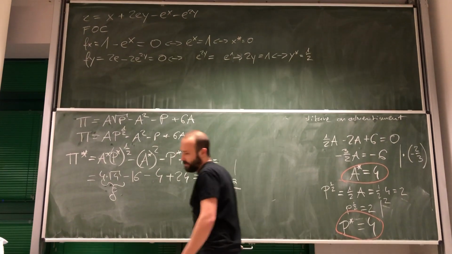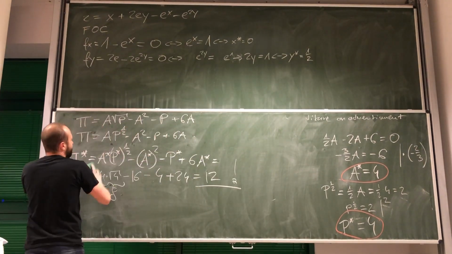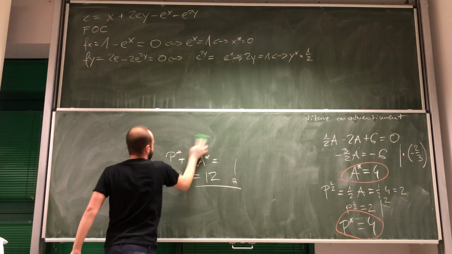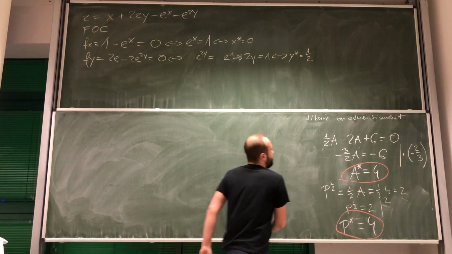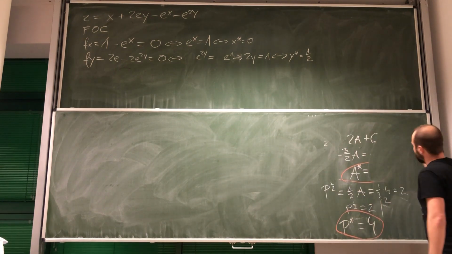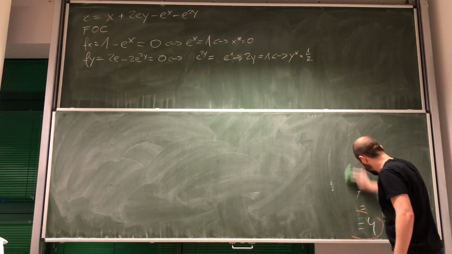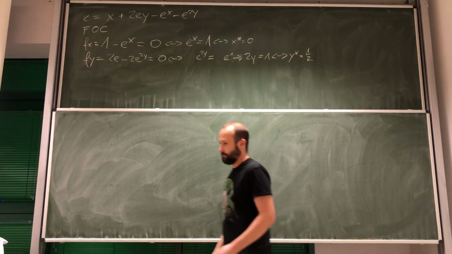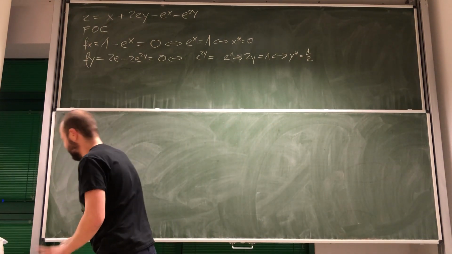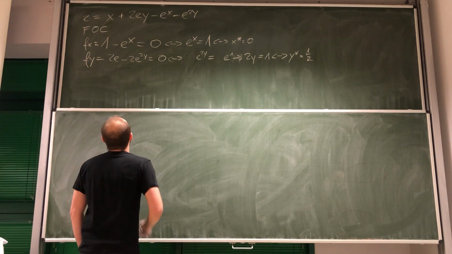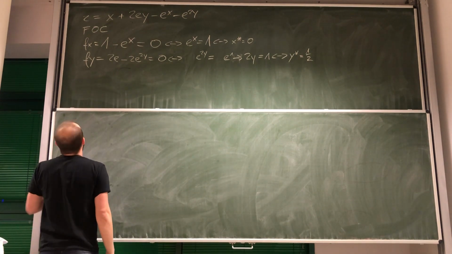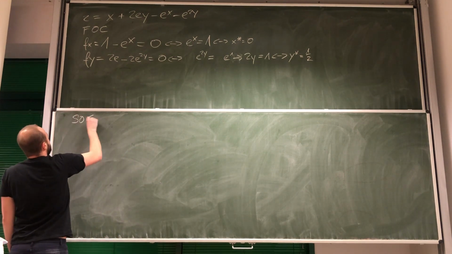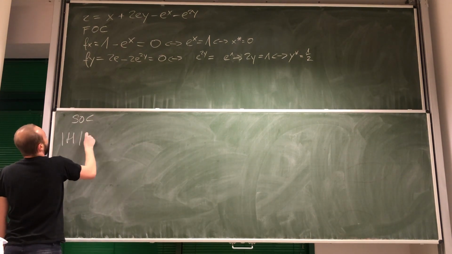Now we've got our candidate for either maximum or minimum, but of course now we need to check which one of the two it is. Okay, so we've got now the second order condition. We calculate the Hessian first.